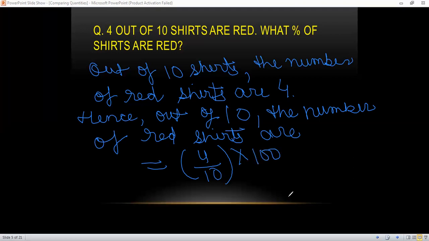Multiply by 100 and the percent we will get is 40. So what is the percent? That is 40%.